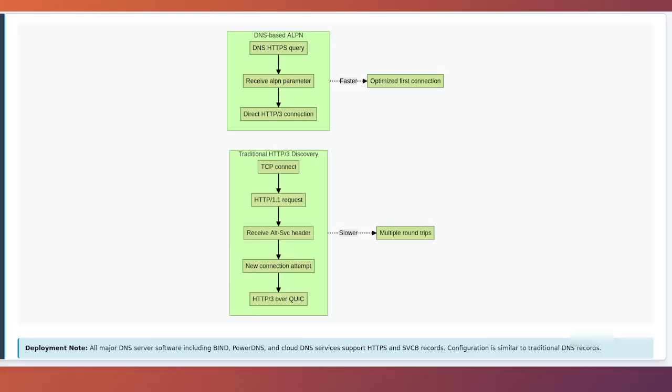So, it is important to balance the information provided with response size constraints. Despite these considerations, DNS-based ALPN represents a clear evolution in service discovery. It enables faster, more efficient connections while maintaining complete backward compatibility with existing DNS infrastructure and clients that do not yet support these new record types.